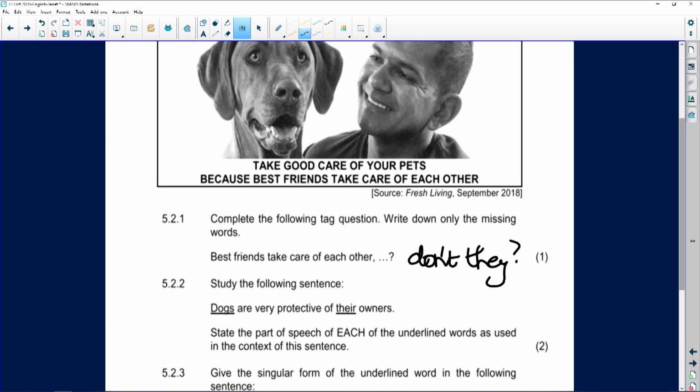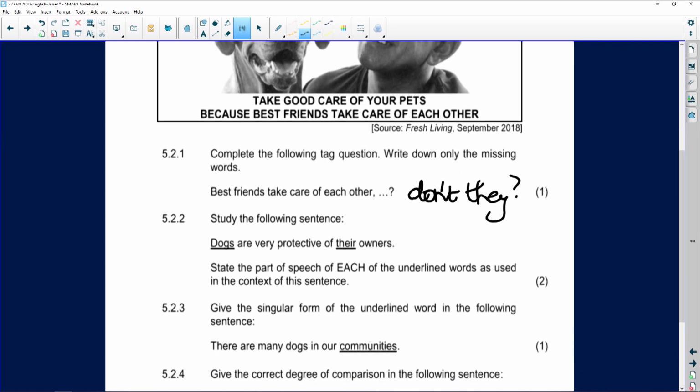Part of speech. This should be easy peasy. Dogs. Right, so do they just want noun or do they want common noun? Their owners, do they just want adjective or do they want possessive adjective?